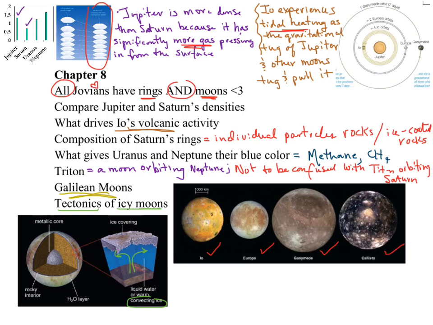And in that liquid water there are convection cells, because the cores of those moons are warm, like the core of the Earth, which creates the convection cells that move our lithosphere. So you might want to, hint, hint, be able to talk about tectonics here on icy moons compared to tectonics on terrestrial planets.